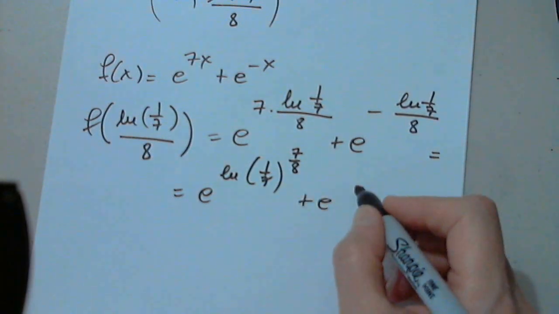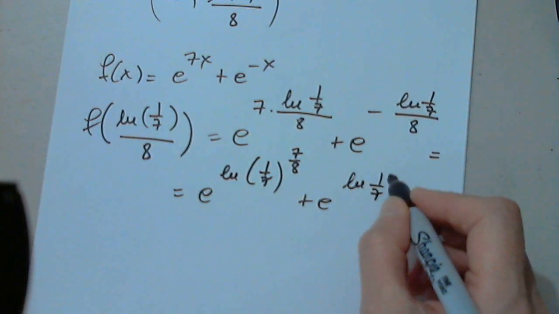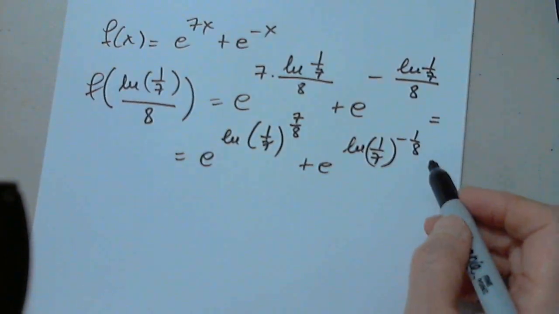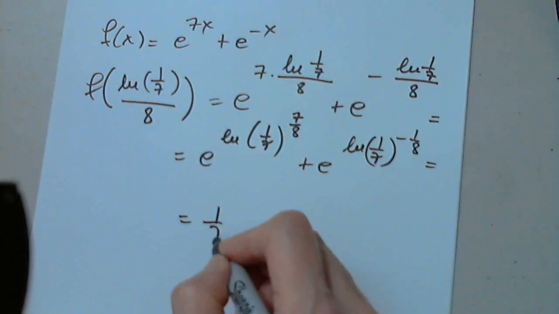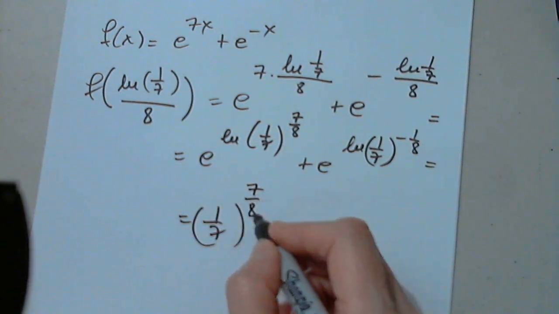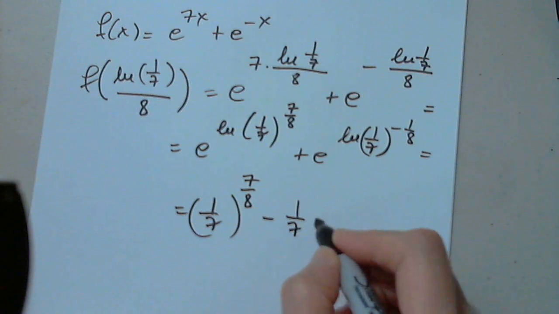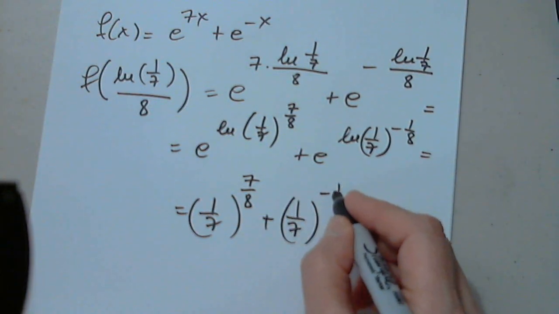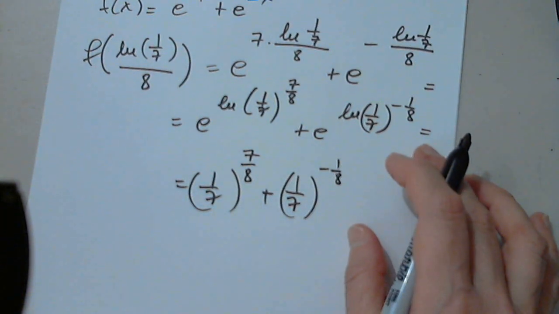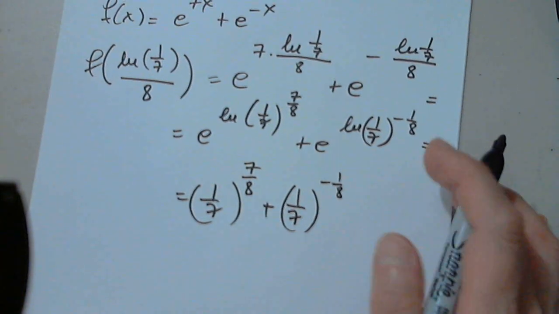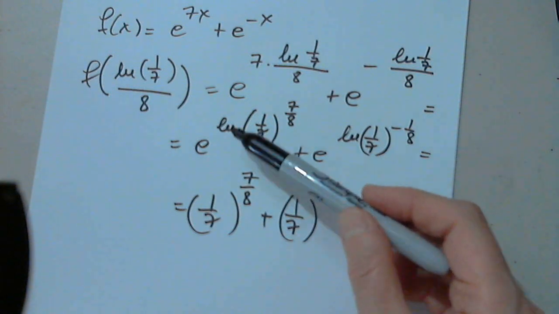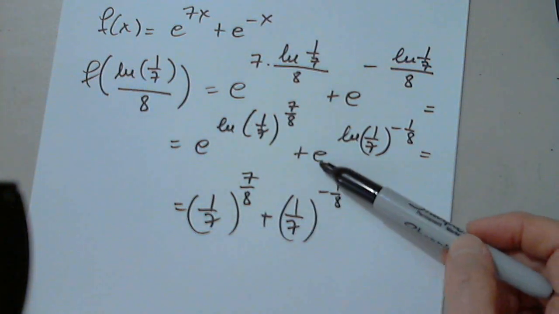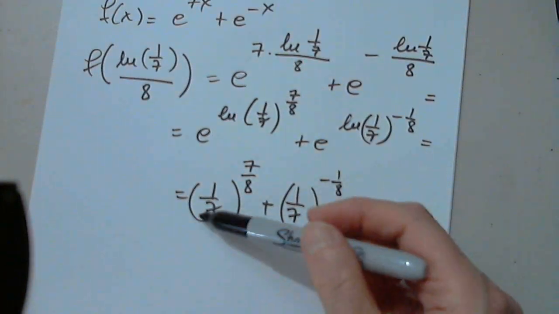Plus e to natural log of 1 over 7 to negative 1 over 8. This is absolute torture. I use the property that e to natural log of this is just x. So you have to enter it like this.